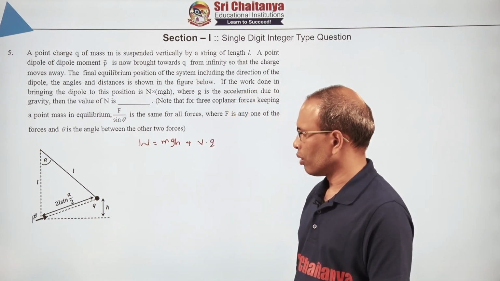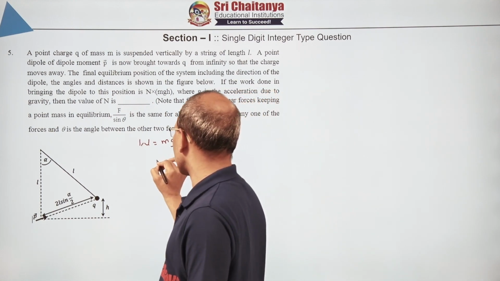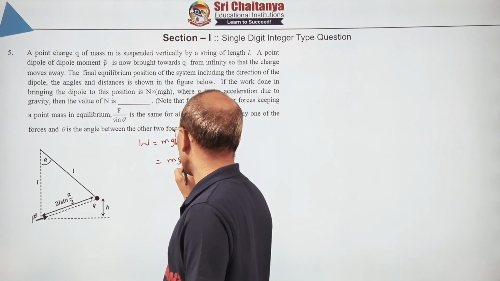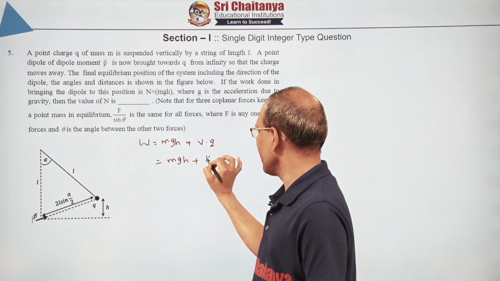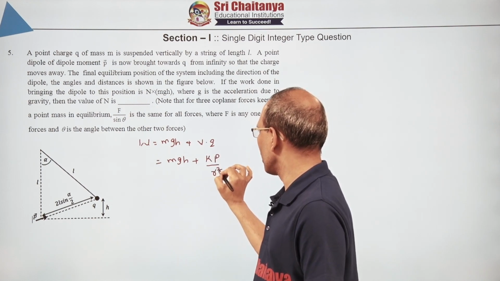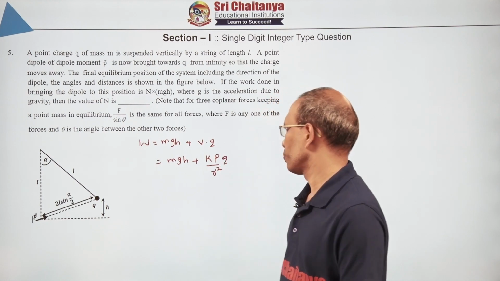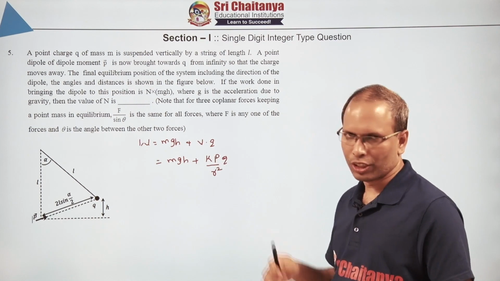So due to a dipole, what is the electric potential? It is kp by r square. So this is mgh plus V, which is kp by r square, into q. This is the work done we have to calculate, but we have to convert this in terms of mgh only.